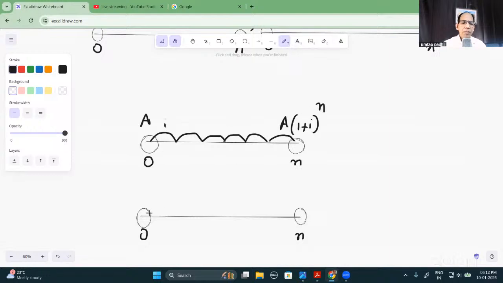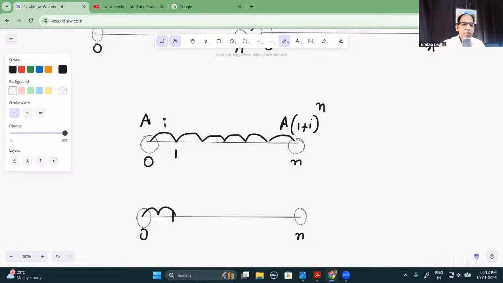However, if you want to compound 2n times, 3n times, 4n times, n by 2 times, n could be 10 suppose. So suppose in 1 year you want to compound twice. Your interest rate will be different, right? i is the symbol we have already accepted as the effective rate of interest per annum.